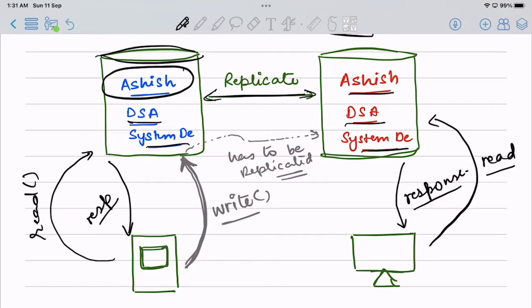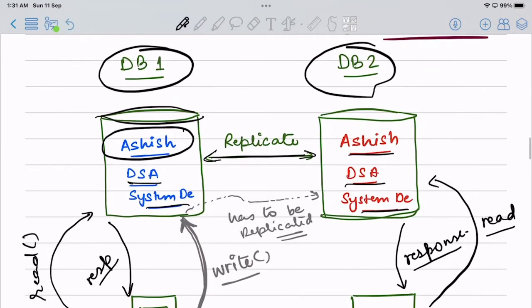This is a replica. By the way, this is not a kind of backup, but a replica. There's a difference between backup and replication.